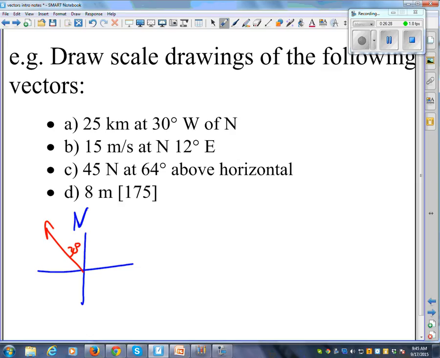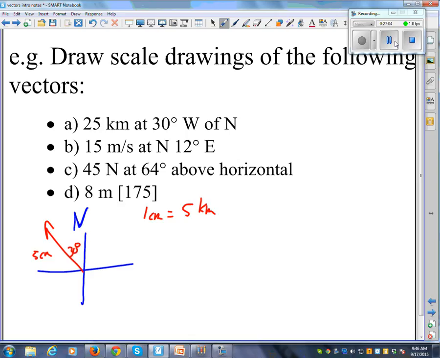There's a mark for the scale. 1 centimeter of length represents so many kilometers. I'm going to pick 5. Every centimeter represents 5 kilometers. How long does my arrow have to be then? 5 centimeters. It has to be 5 centimeters long, and it has to be 30 degrees to the west of north.